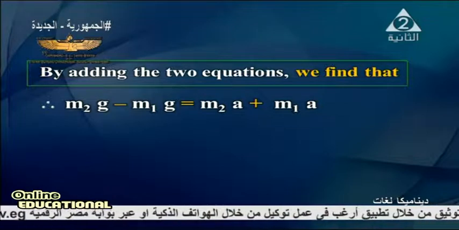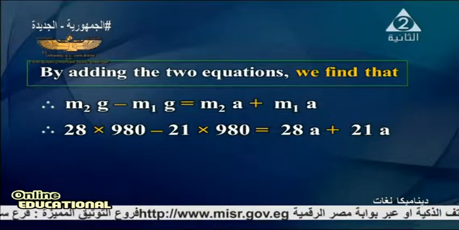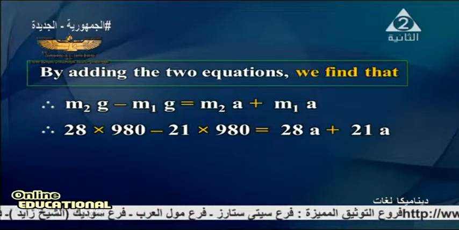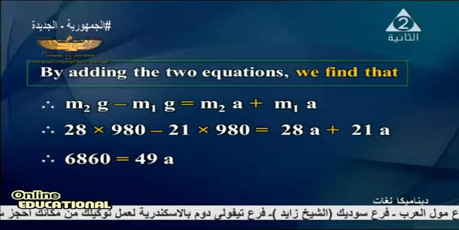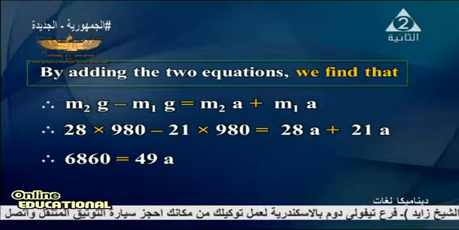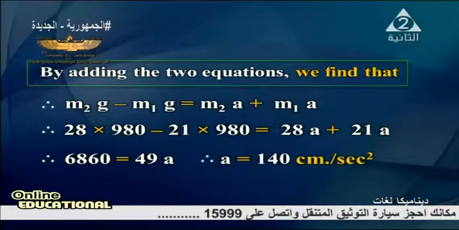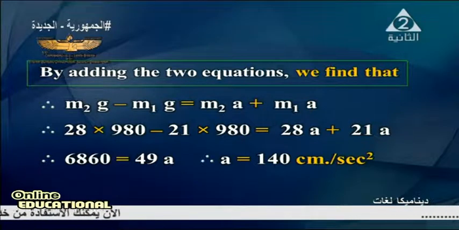We can substitute 28 times 980 minus 21 times 980 equals 28a plus 21a. 6,860 equals 49a. Then the acceleration a equals 140 centimeter per second squared.